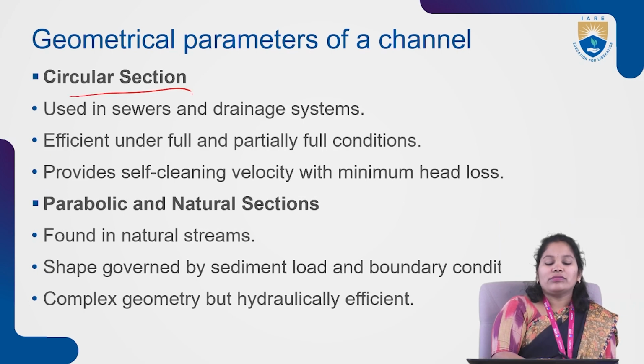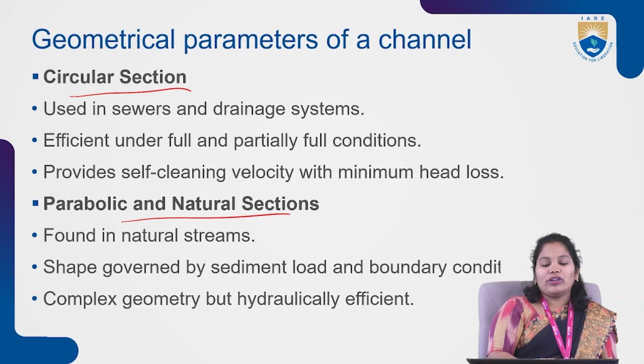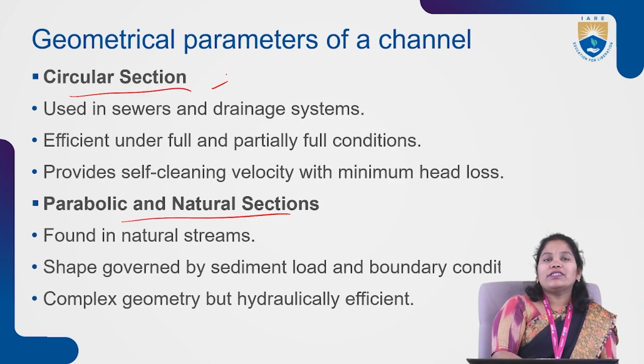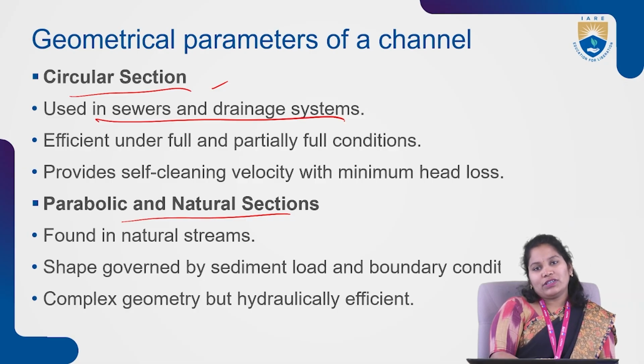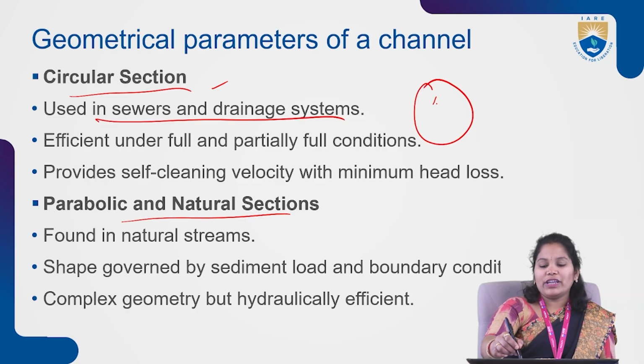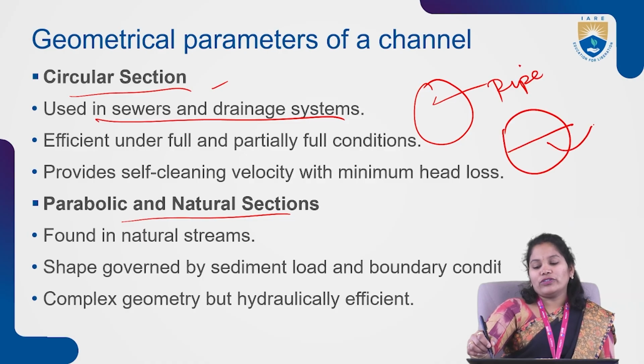Circular section and parabolic natural section are other types. The third type is the circular section, used in sewers and drainage systems. We use circular pipes. If the pipe is full, it is pipe flow. If the pipe is running partially full, then it is called an open channel.